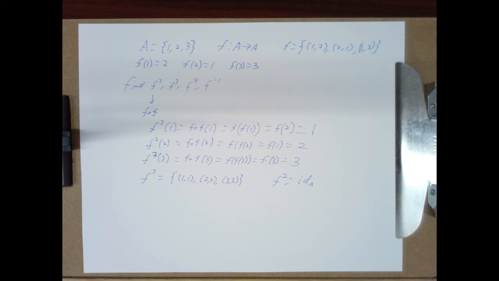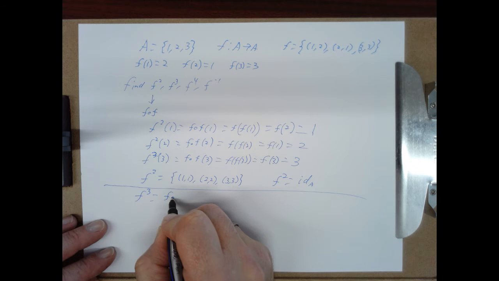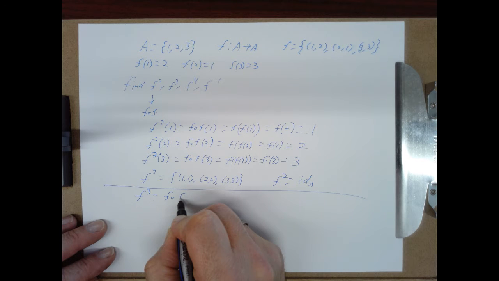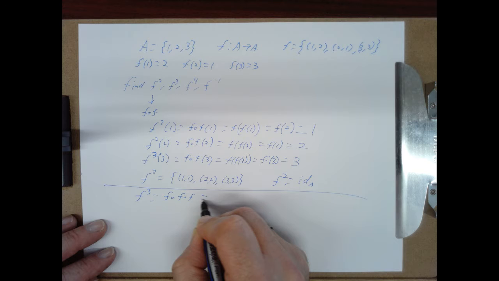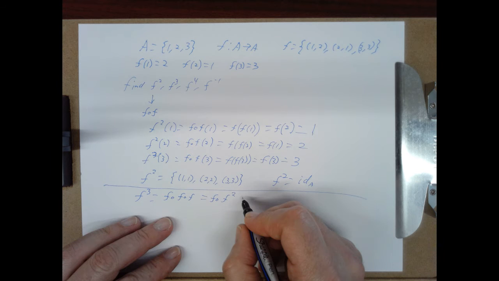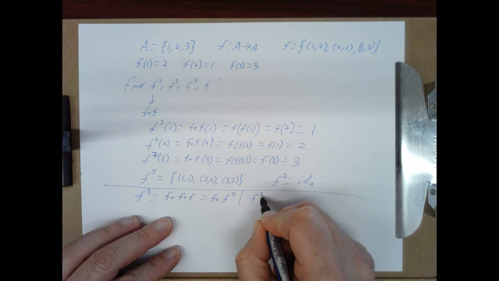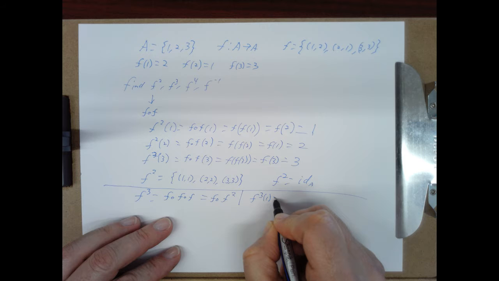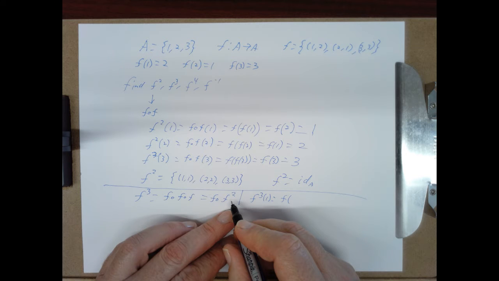So then you're asked to find f cubed, which is really just f composed with f squared. And you can probably start to see what's going to happen here. So f cubed of 1 is going to be f of f squared of 1. And since f squared is acting like the identity, this is just f of 1, which is 2.